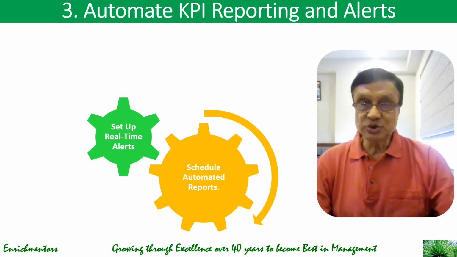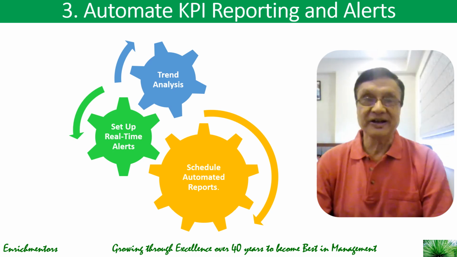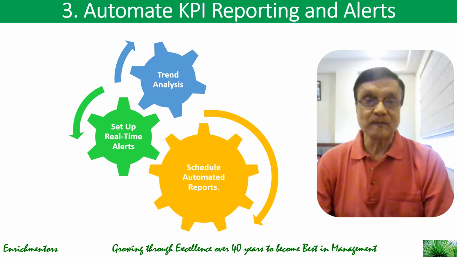Alerts will enable swift intervention when issues arise. And third would be to track the historical data trends to identify any patterns or seasonal variations that could impact KPIs, such as high denial rates for specific procedures or payer types. So automate KPI reporting and alerts like that.